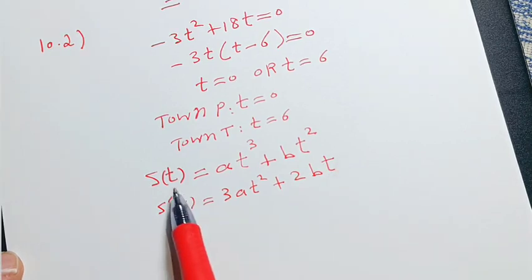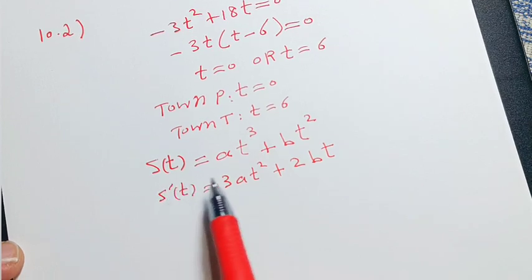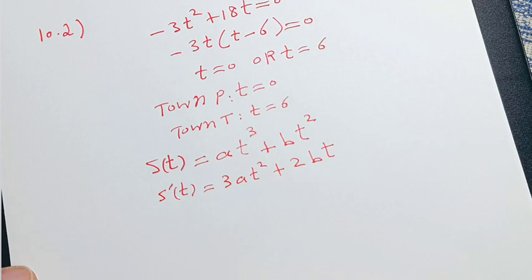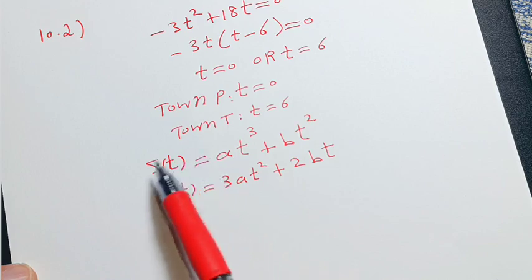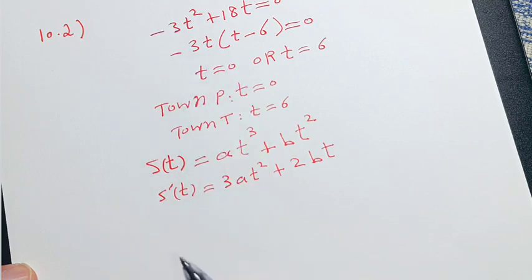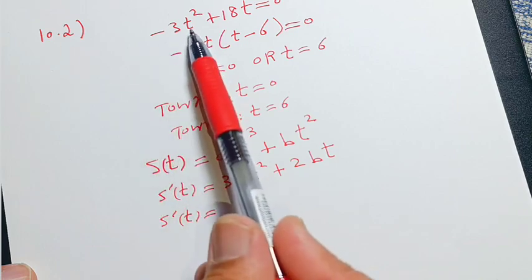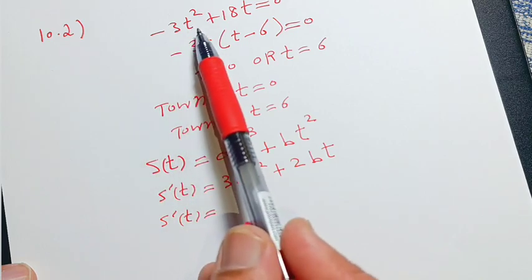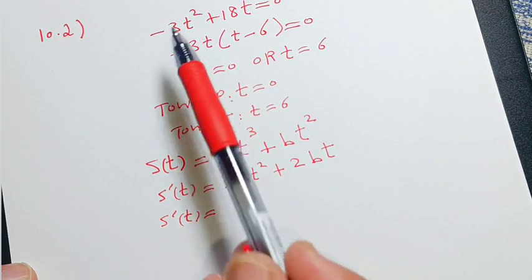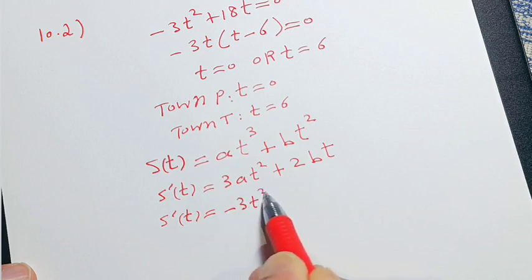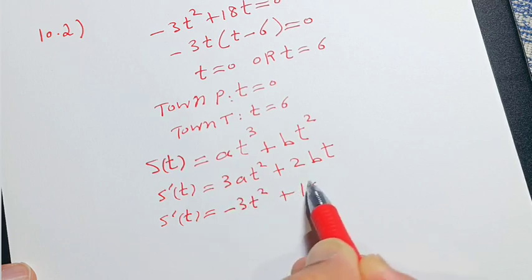So if I have to take the first derivative of this function, it is going to be 3at square plus 2bt. Now I can equate the coefficients, because the first derivative of the given function is equal to negative 3t square plus 18t.